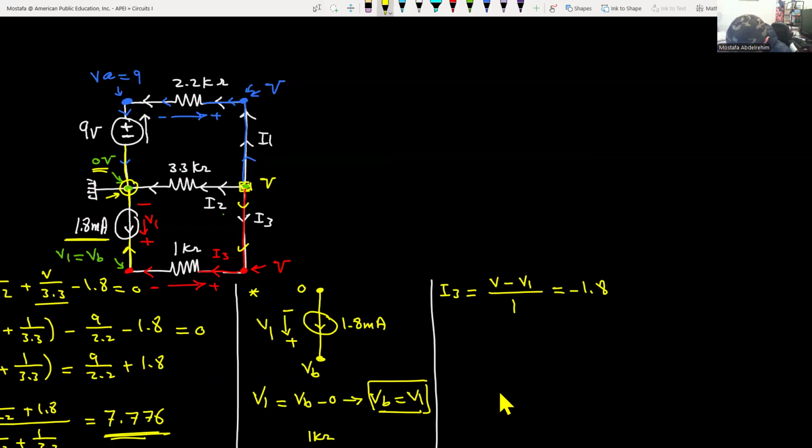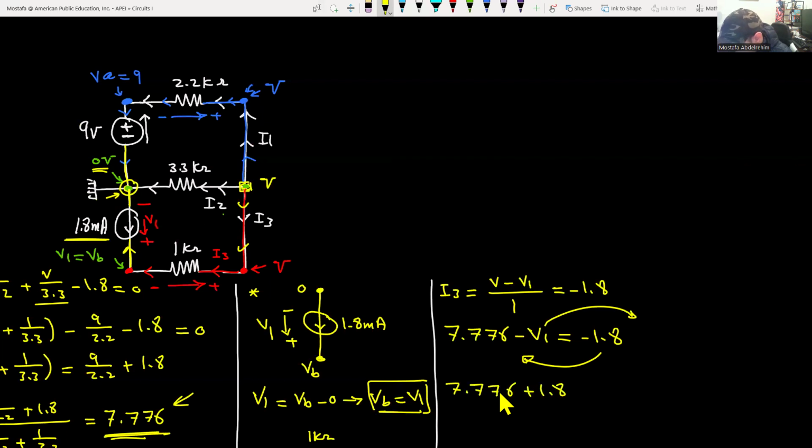We determined it here: 7.776 minus V1 is equal to minus 1.8. Bring V1 here, bring the 1.8 here. So 7.776 plus 1.8 is equal to V1. It is correct, but I'm going to calculate again because I forgot. So 1.8 plus 7.776. Yes, it's 9.576, which is the correct value.